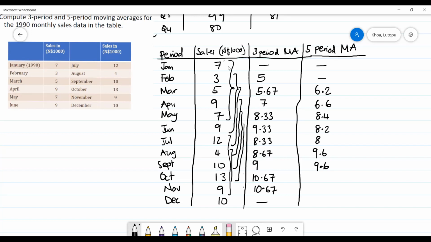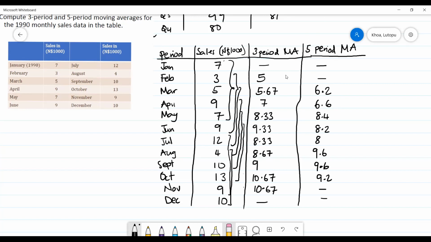And then I have 4 plus 10 plus 13 plus 9 plus 10. This is 46 divided by 5. This is 9.2. Okay, so that is your 5-point moving average. And here, of course, there's nothing because if I start at 10, I won't have 5 values. If I start at 13, I won't have 5 values, so we stop over there.